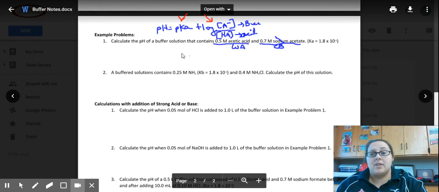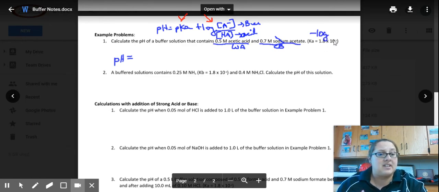Now all I'm going to do is plug this into my formula. pH is equal to pKa. The pKa is just the negative log of this number here, 1.8 times 10 to the negative 5.